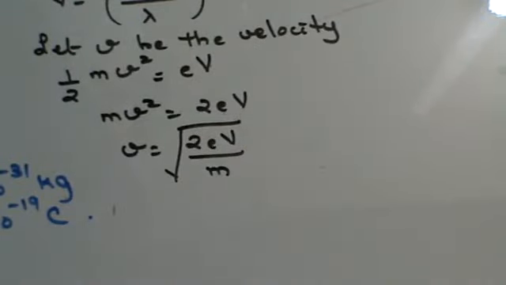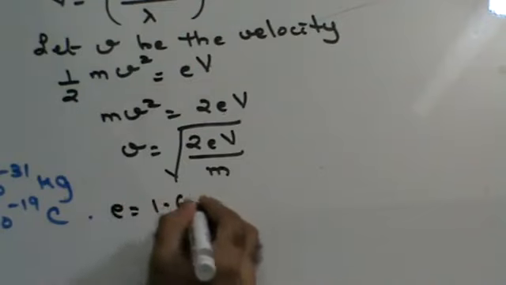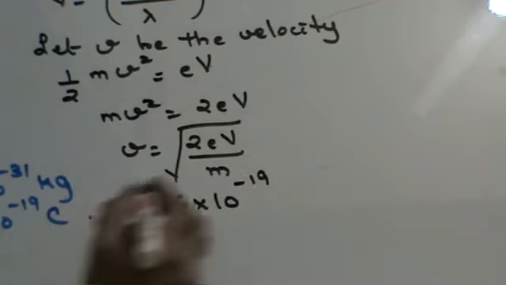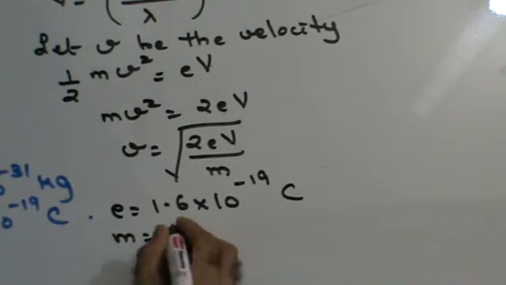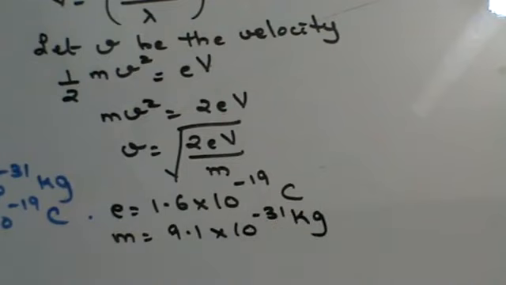You know the charge on the electron is 1.6 into 10 raised to minus 19 coulombs, and mass is nothing but 9.1 into 10 raised to minus 31 kgs. So you could substitute these values and get the answer.